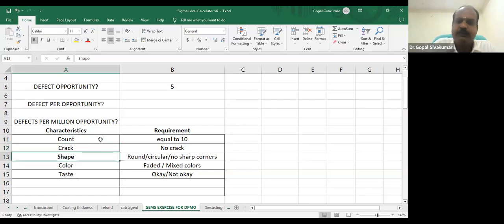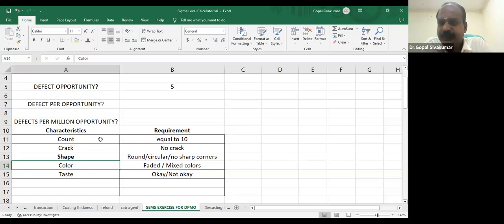The third type of defect: we expect the shape of each gem to be circular, round. We don't want oval shape. We don't want sharp corners. We don't want squares and rectangles. We want round. Hope it is clear. The fourth one, color. We know there will be multiple colors inside, but we don't want the colors getting mixed up.